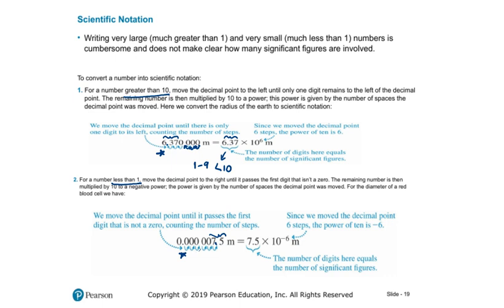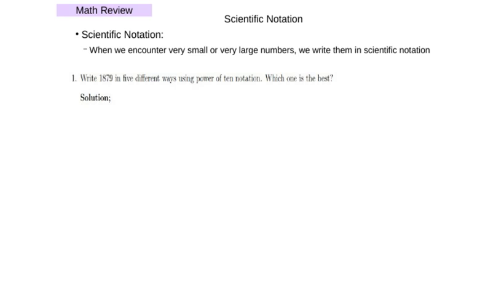Then I write down this number here. What I have here is 7.5. There are no more decimals, so we'll say 7.5 here. And how many steps I moved in the right direction, then I'll have now 10 to minus that number. We have 6 steps here. We put 10 to minus 6.